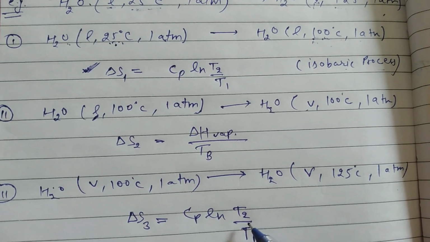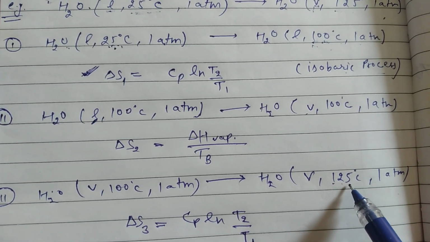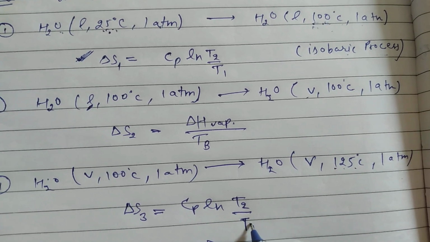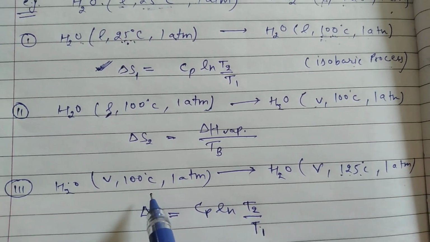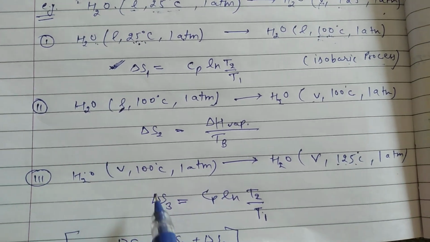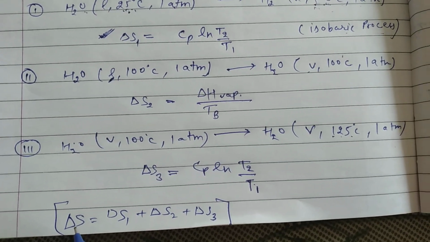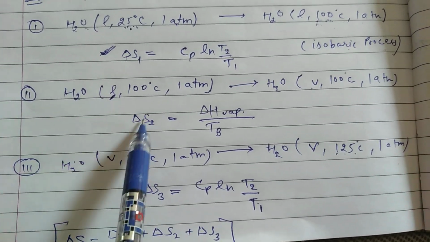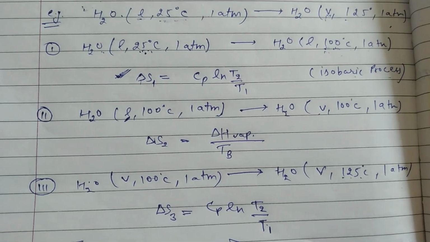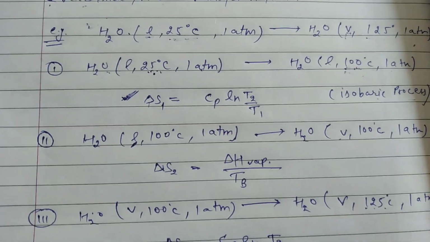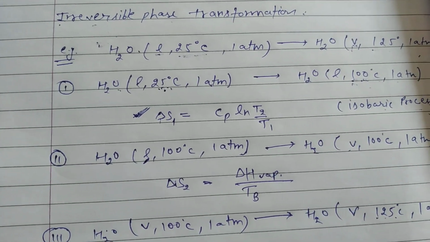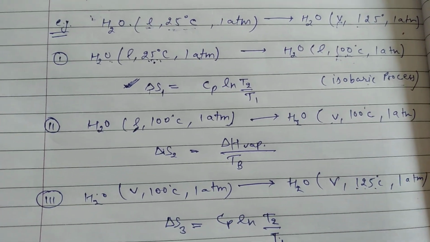Here the value of T2 is 125 degrees Celsius, and the value of T1 is 100 degrees Celsius. Now to get the net change in entropy we have to add all these three equations. So in irreversible phase transformation you can get these types of problems.